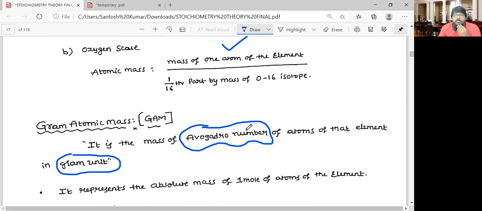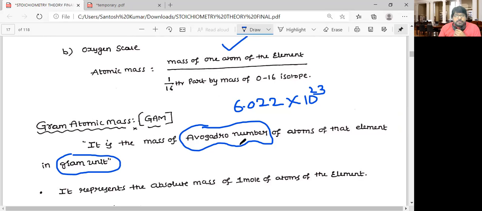So Avogadro number, this one also you should remember till completion of your final exam. So many times you will be getting this: 6.022 into 10 power 23 is the exact value, but you can also take 6.023, no issue. Whatever differences we generally come across, here I am clearing it: 6.022 or 6.023, it makes no difference, right?